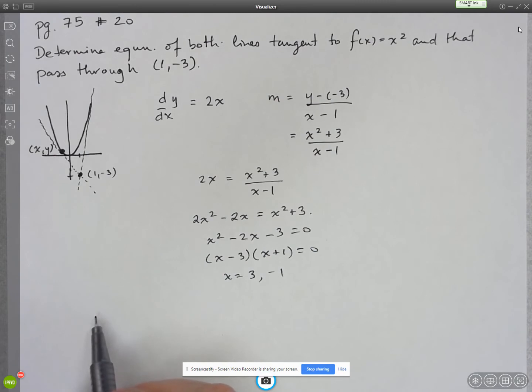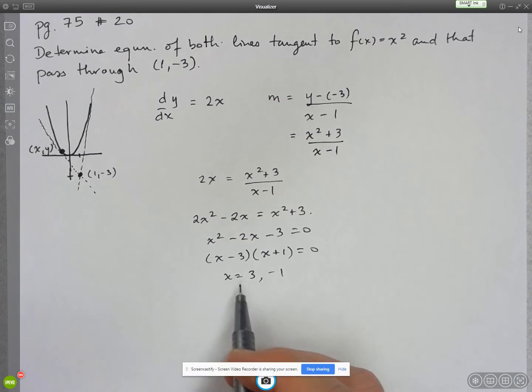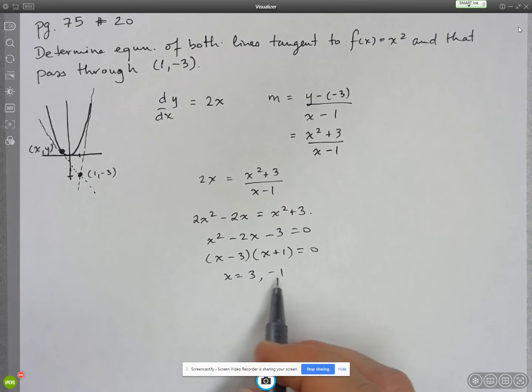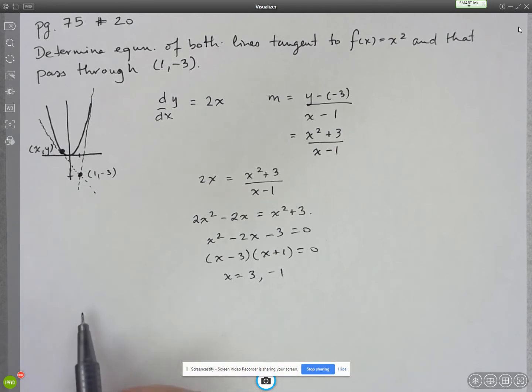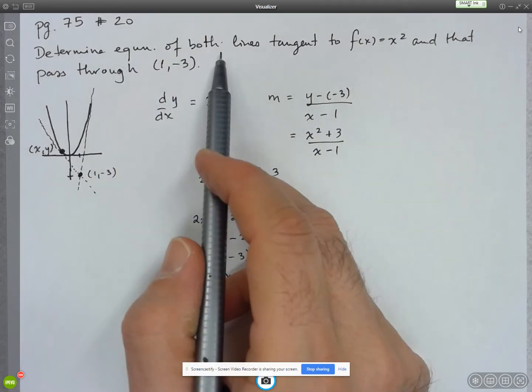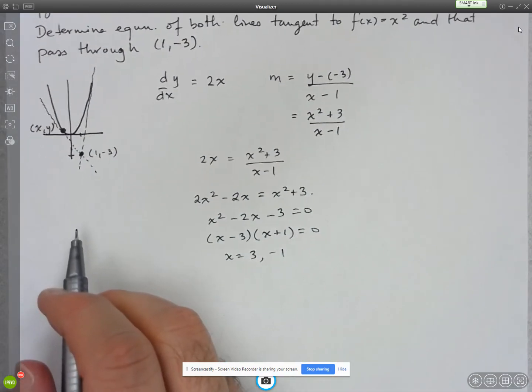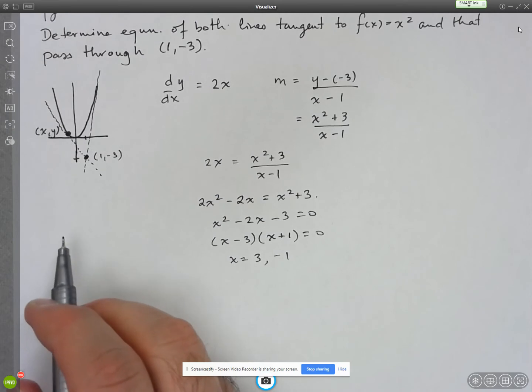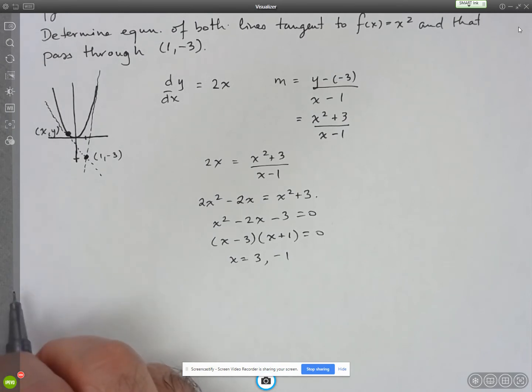All right. We're not finished though, because they're not just asking us at which x values these tangents are going to occur. They're asking us to determine the equations of these lines. Okay, and of course, to determine the equation of a line, we need a slope and a point. So let's start with the point.